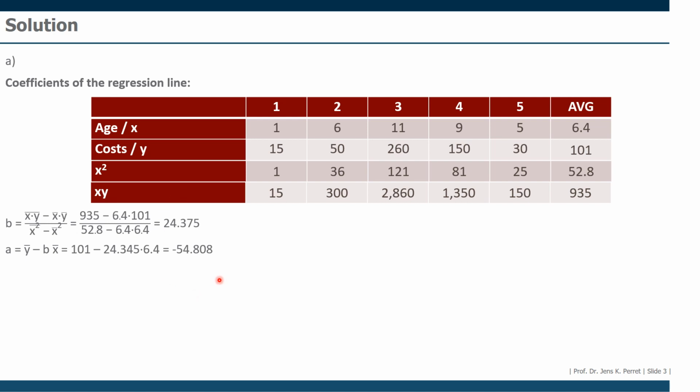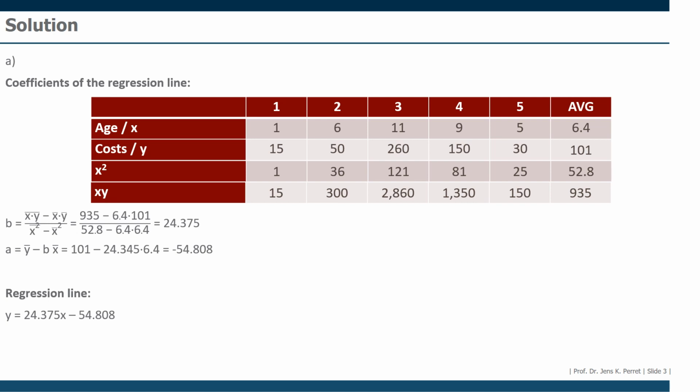That's everything there is to this regression line. So the regression line, if written down, looks as follows, with this slope and this intercept.